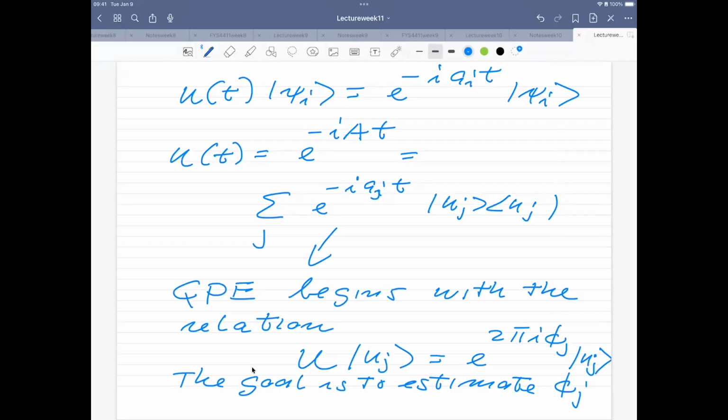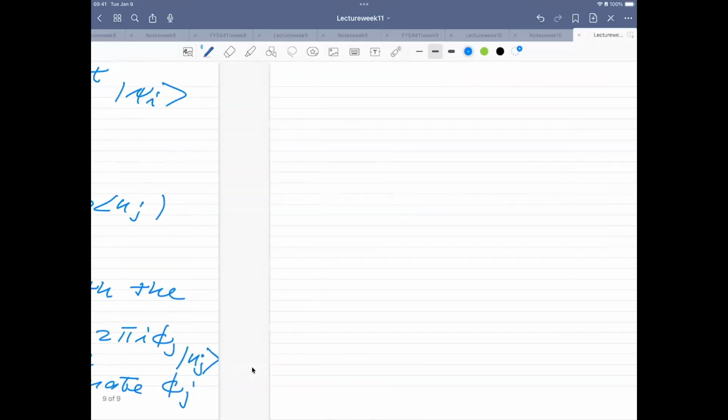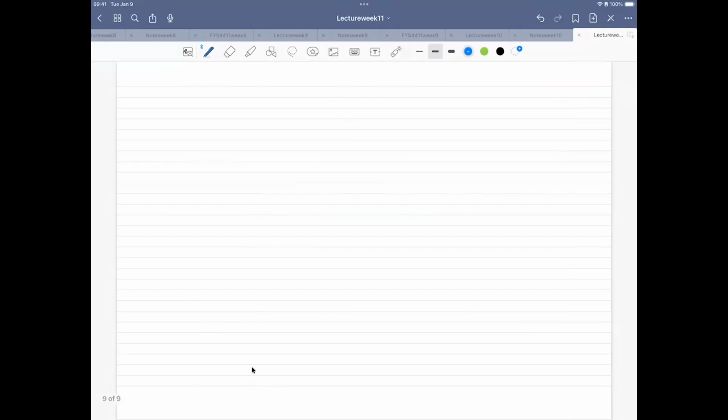So what are the basic ingredients? And we are going to come back to this when we look at the algorithm details. So why does it work? Why does QPE work?